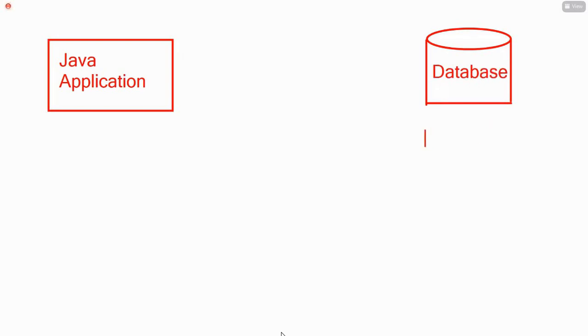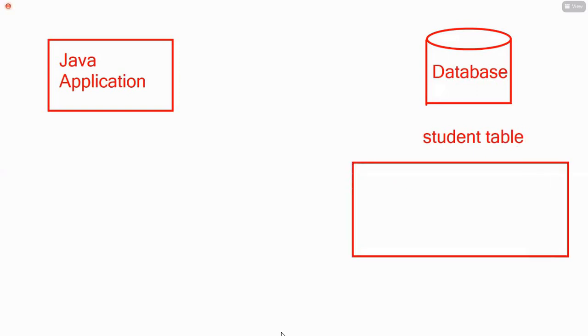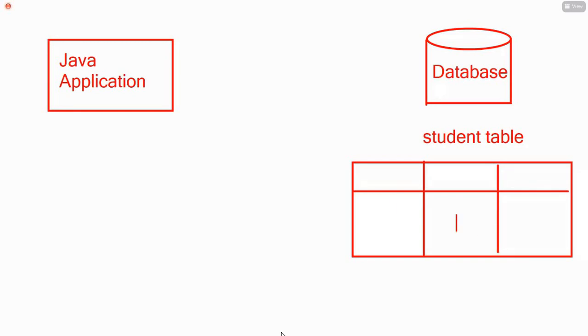Suppose here is a student table. Assume three records are there. Three columns are there. Suppose roll number 1, name, marks 2.